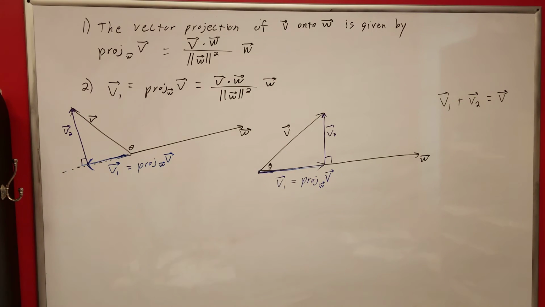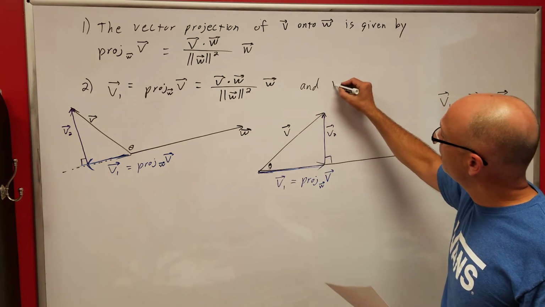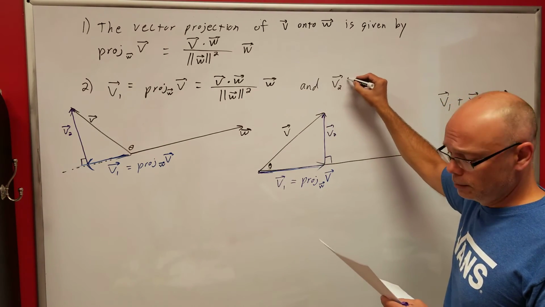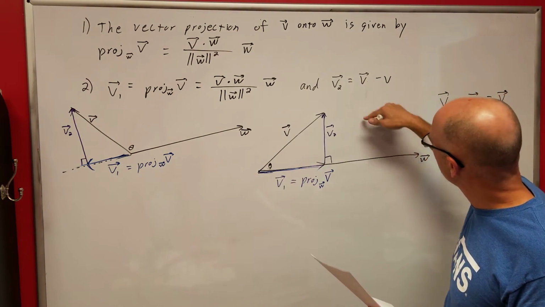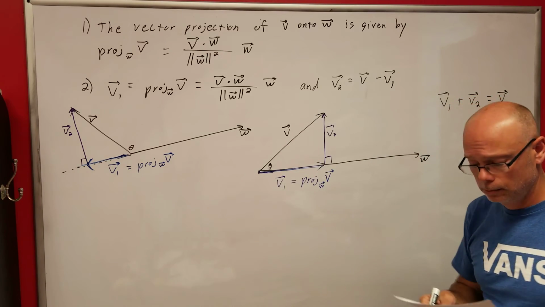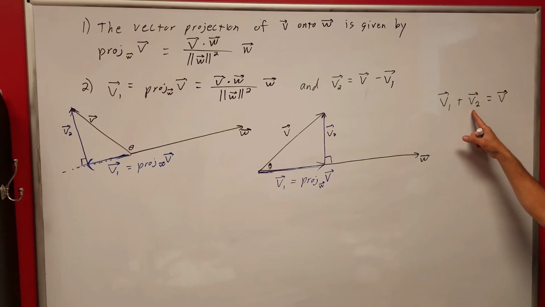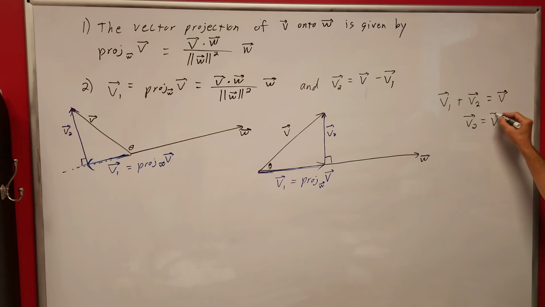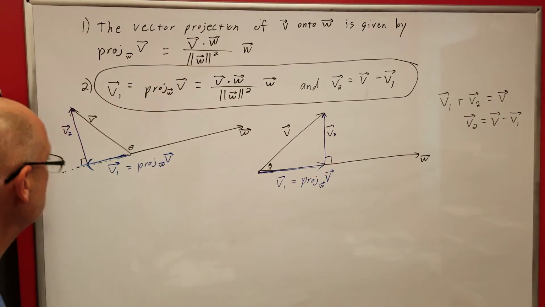Then they go on to say v2 is equal to v minus v subscript 1. Doesn't that make sense over here, what we wrote? What if I subtract v subscript 1 from both sides? Looks a lot like that, doesn't it? We're going to use that stuff right here.